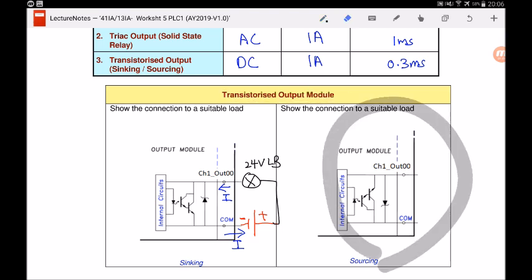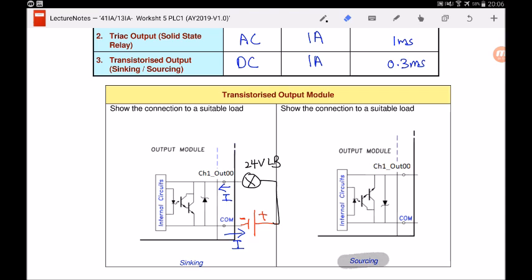Now let's take a look at this example over here. They said that this module is a sourcing. Sourcing means current is flowing out of the terminal. So current flowing out, and since current is flowing this way now, this is clockwise, so current is flowing into the common terminal, and you can see that for that to happen, this must be the plus of the power source and this will be the negative.